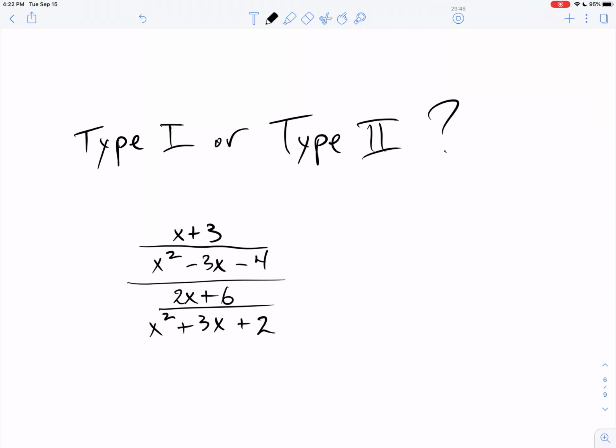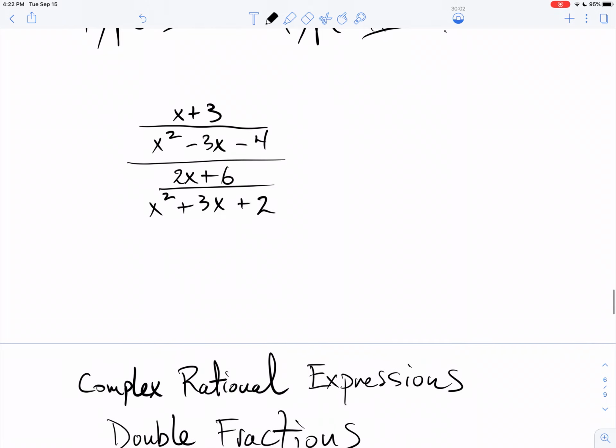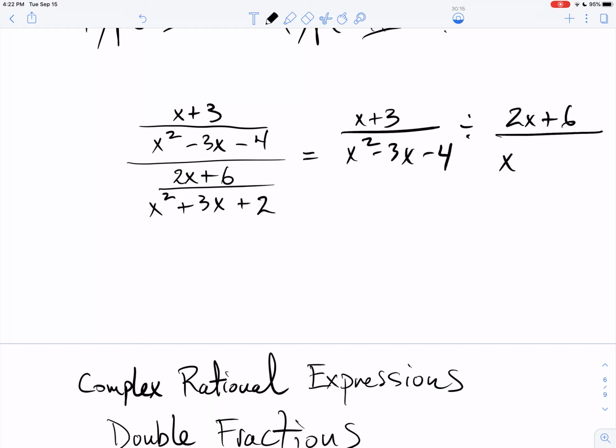So, let counting be your guide. How many fraction bars do you see? And if you see 3 just like I do, then you know that this guy could be written as x plus 3 over x squared minus 3x minus 4 divided by 2x plus 6 over x squared plus 3x plus 2.